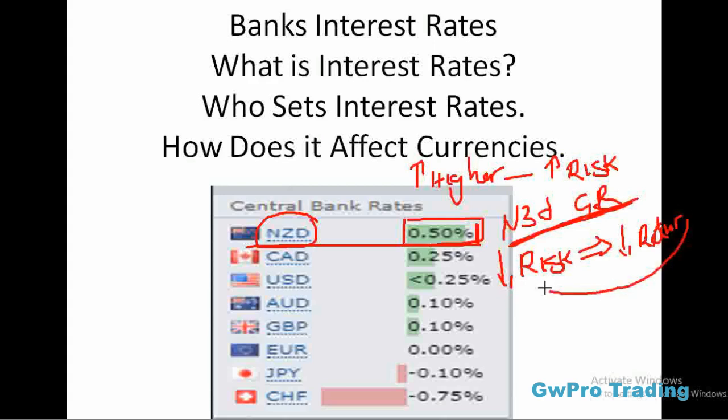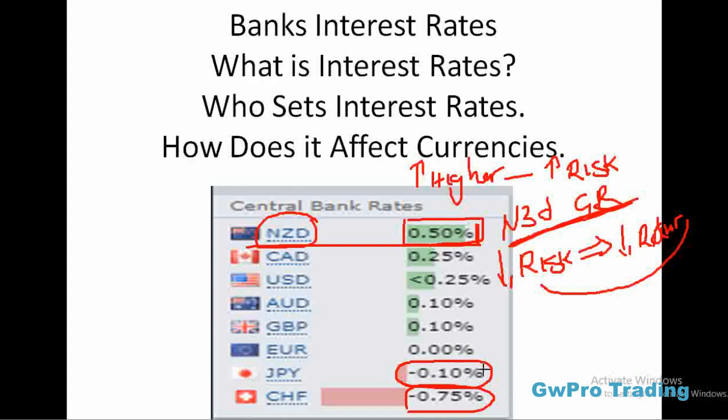All right? And in this presentation, here we have a low interest rate at minus 10%, and we also have the Swiss francs at minus 0.75%.